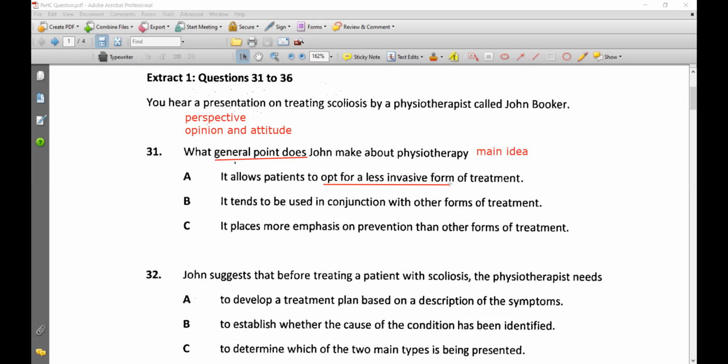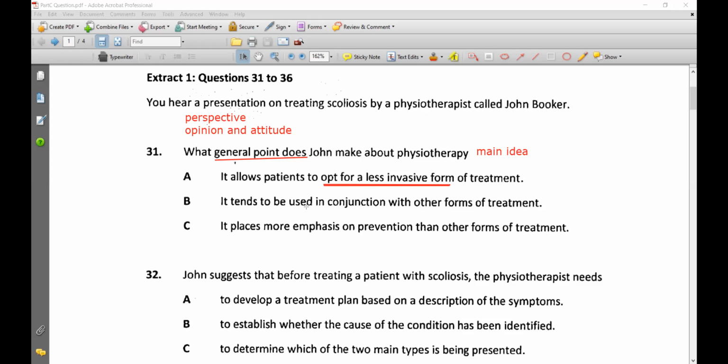If there is a comparison, so here, if they say less invasive form of treatment, this shows comparison, right? This means there is a hidden comparison between physiotherapy and the rest of the treatment options. So is he trying to prove that physiotherapy is less invasive as compared to other forms of treatment?